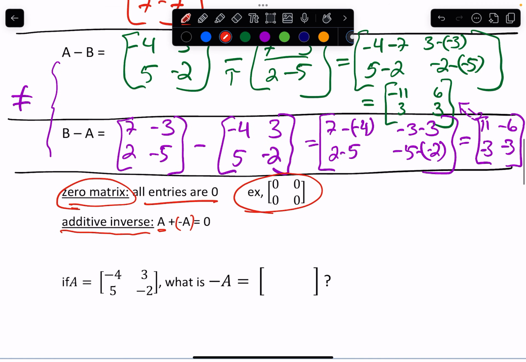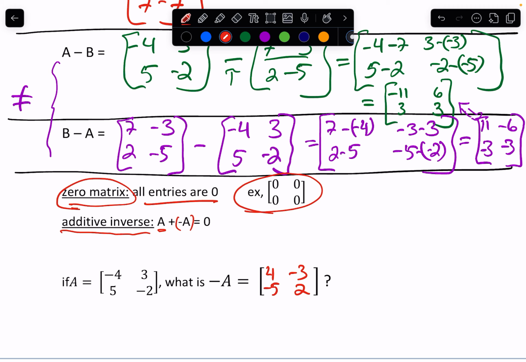So if matrix A is negative 4, 3, 5, and negative 2, what is going to be negative matrix A then? We're going to flip the sign, so it's going to be 4, negative 3, sorry, that's negative 5, and 2. So we change all the signs of each one.